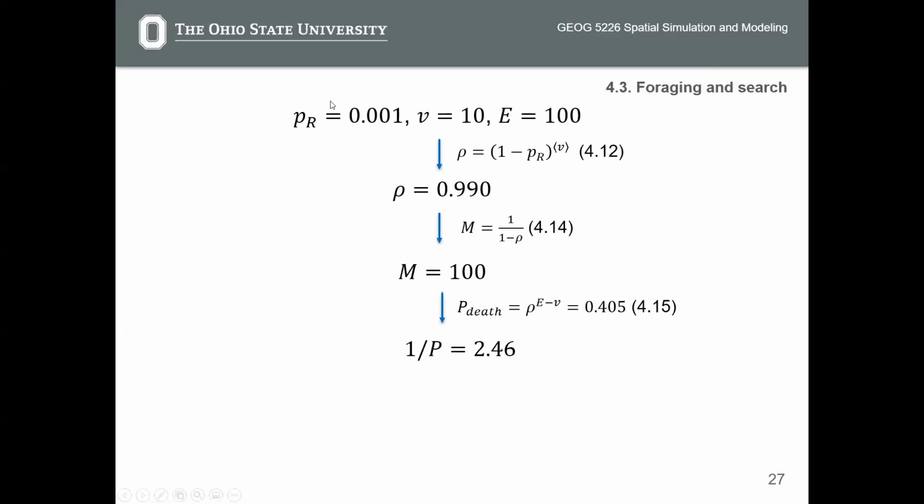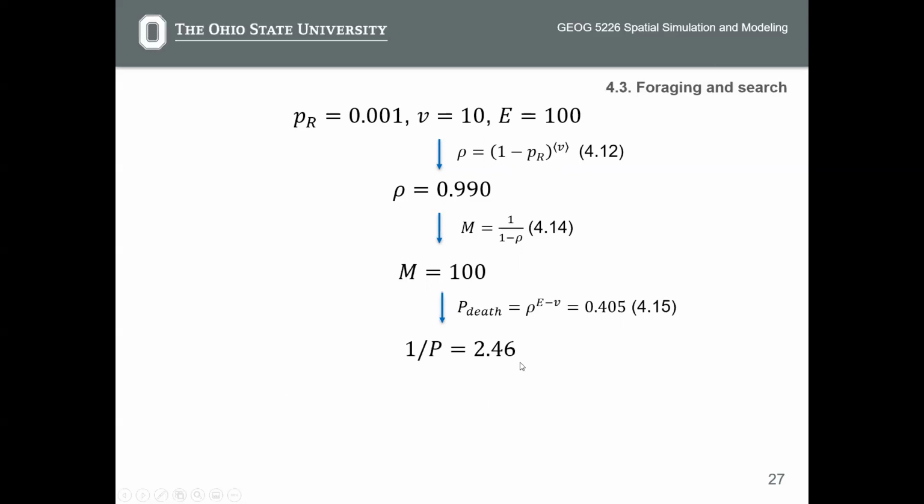It means that, given this PR value, the vision, and the starting energy of the walker, it will find food 2 times before dying. But it's very likely to die during the third search. It will probably not find the food the third time. So this is not a long-living walker.